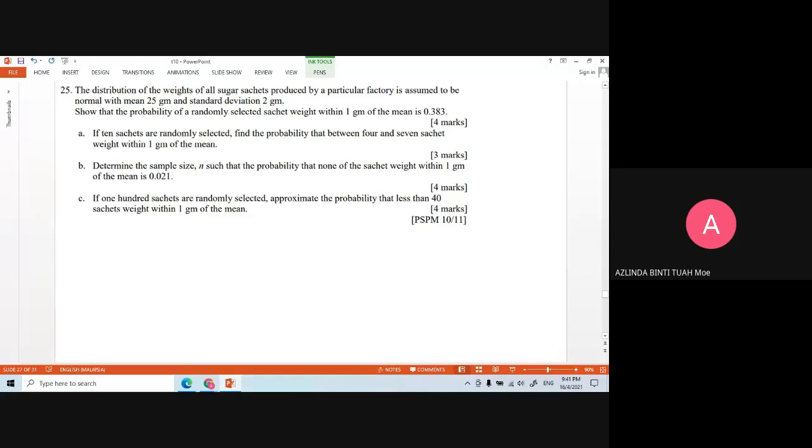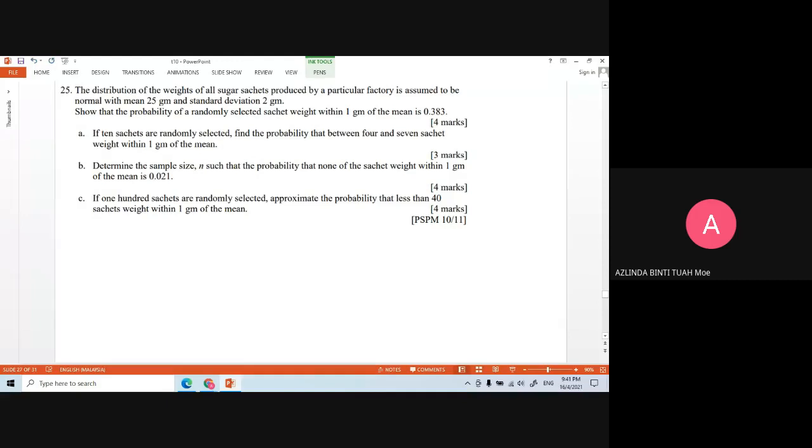Okay, number 25 ni past year 2010-2011. Let's see the question, the pattern. Exam pattern: the distribution of the weight of all sugar sachets produced by a particular factory is assumed to be normal with mean 25 gram and standard deviation 2 gram. Kalau kamu perasan, baca dulu sampai habis.